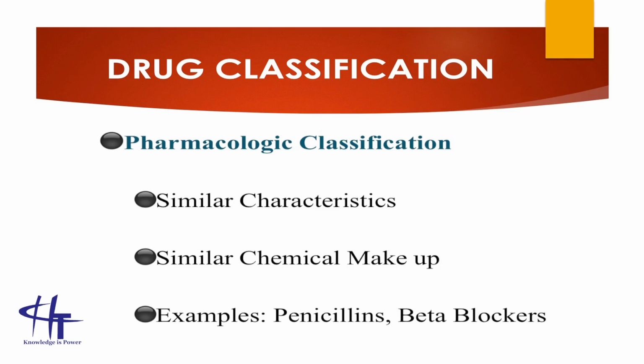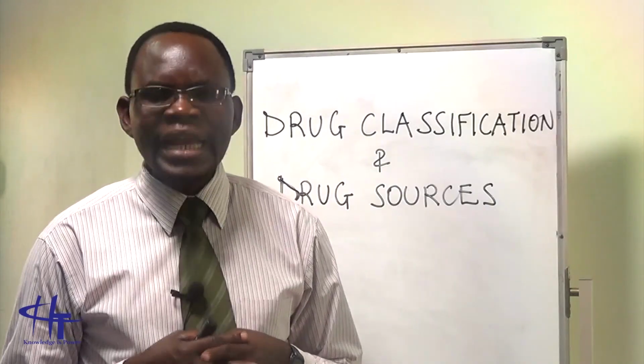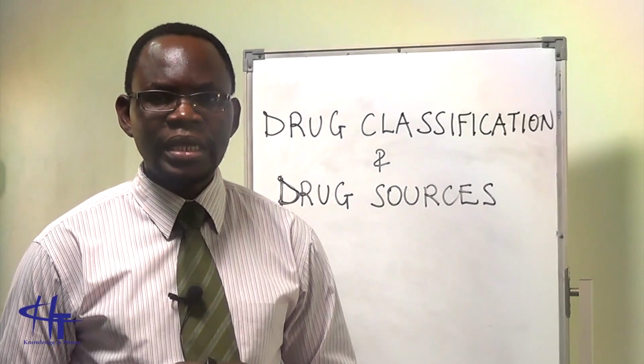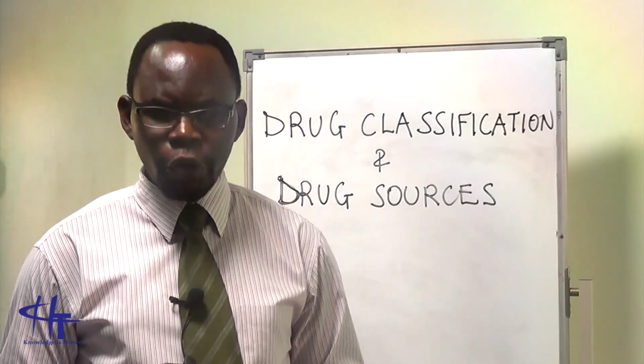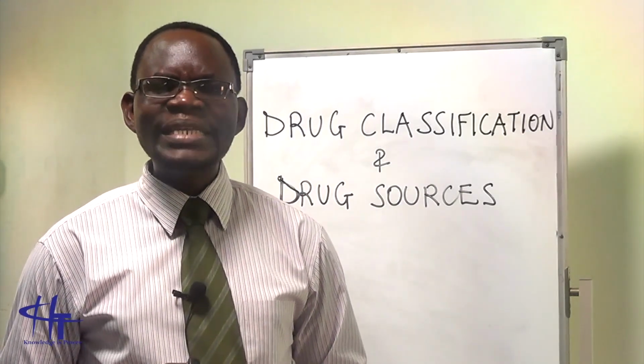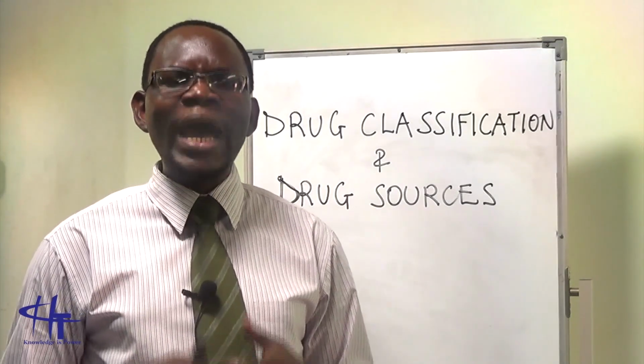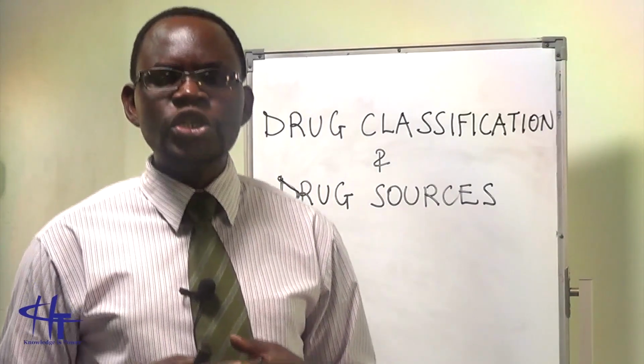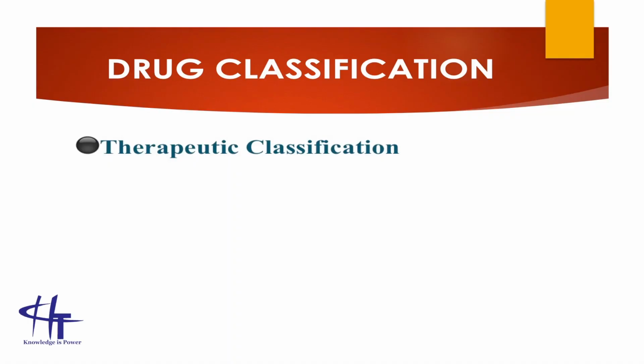In pharmacology, this is what we refer to as the pharmacologic classification. Now, this is not very important, I must say, in clinical medicine. In clinical medicine, the most widely used drug classification is what we refer to as the therapeutic classification.